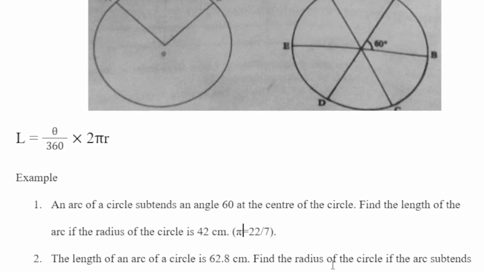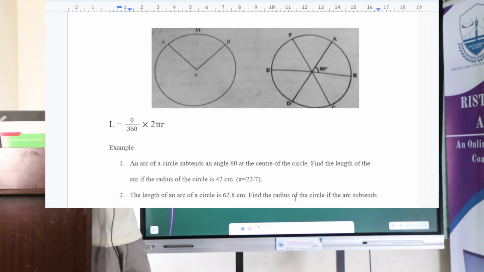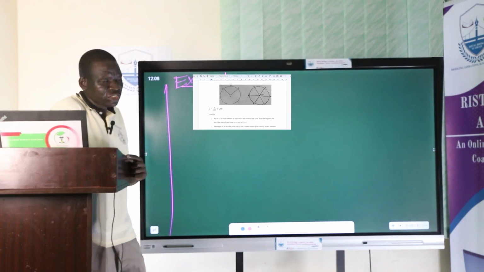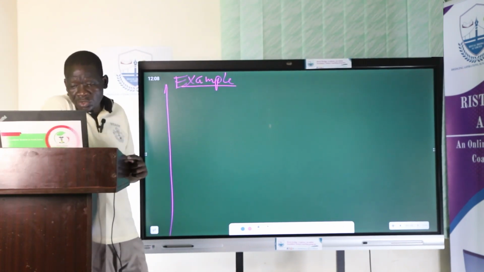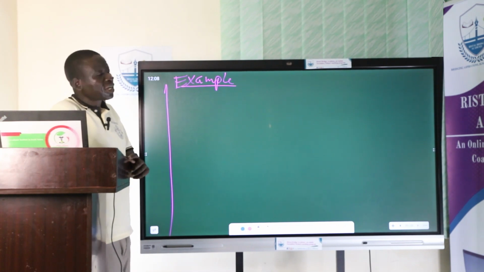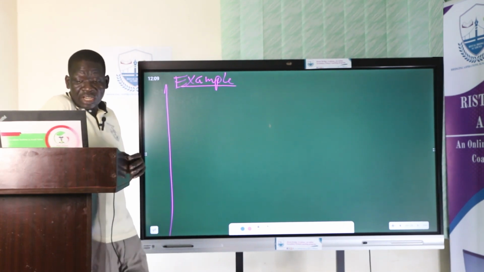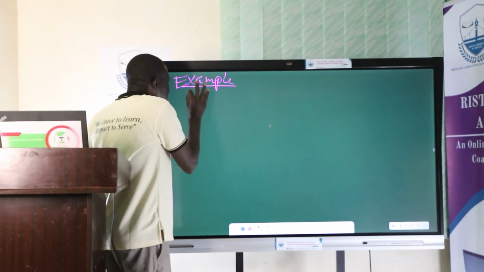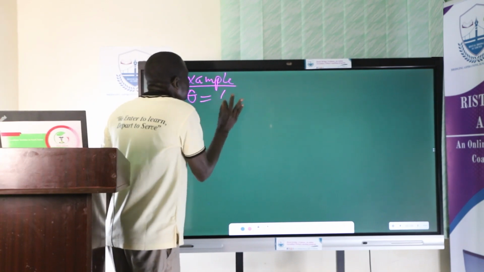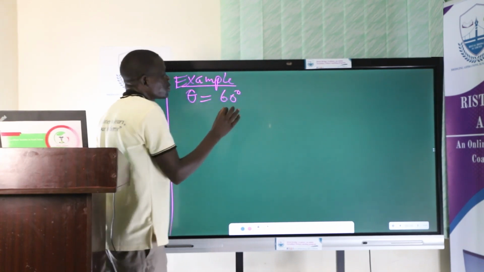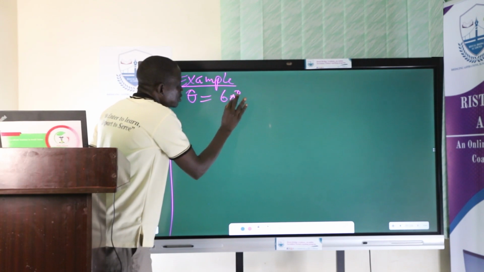So we can analyze the question. The question says, an arc of a circle subtends an angle 60 degrees. It means our angle theta is equal to 60 degrees, at the center of the circle. Find the length of the arc.